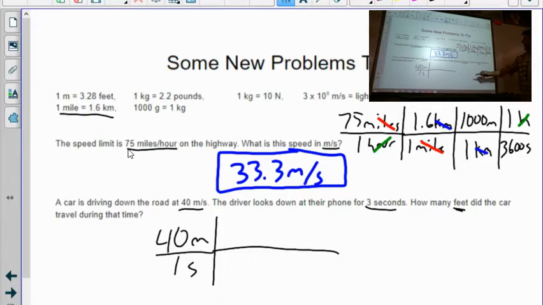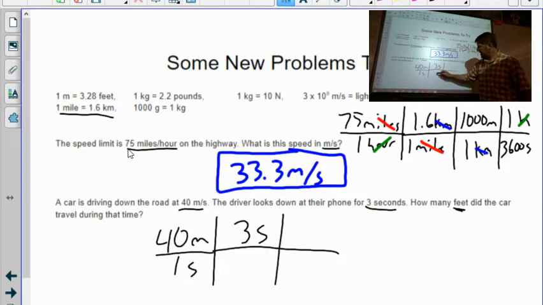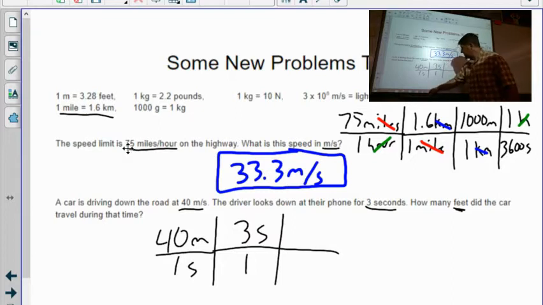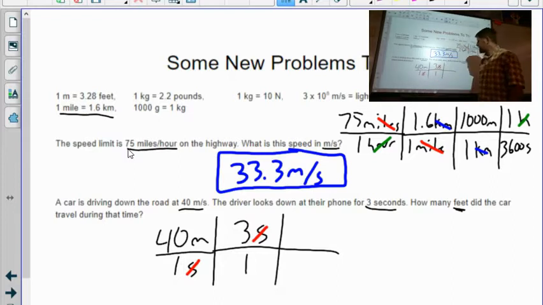So I have 3 seconds that they were driving for. So that's what's going to help me get rid of the second over here. So I'm going to do 3 seconds. There's really nothing here, but if I want, I can put a 1 there just to kind of fill it. And you will see that seconds here cancels out with seconds here.